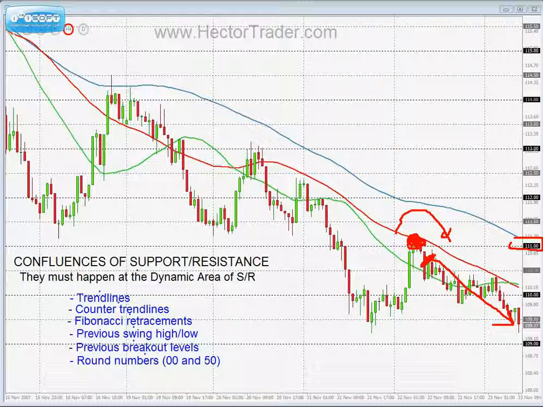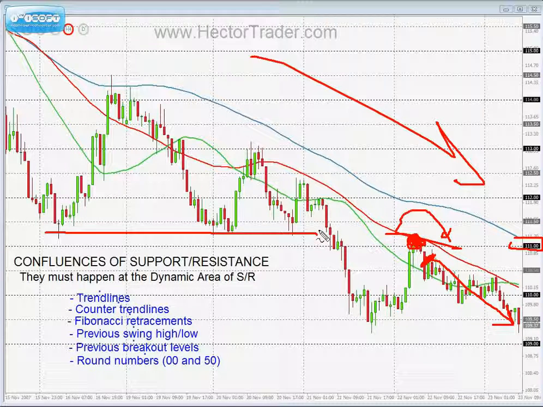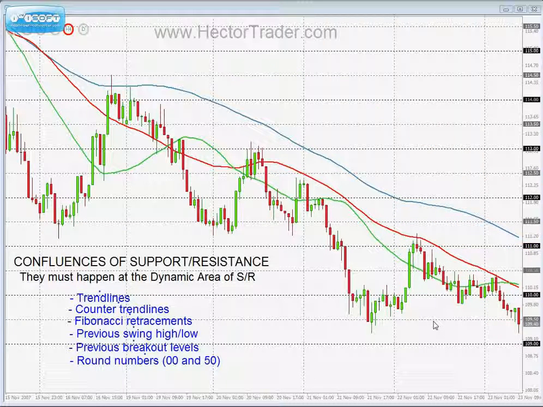You have many elements of resistance backing up your short position in a downtrend within the dynamic area of support and resistance. As price begins to turn around, if you trigger a short entry, you're going to have, I don't know, 70 to 30 probabilities on your side. You are definitely trading a high probability trade.